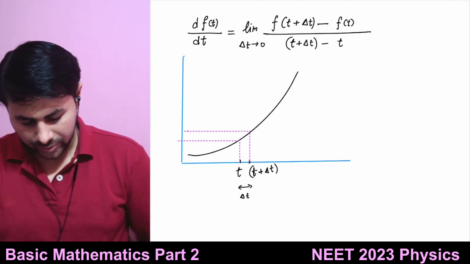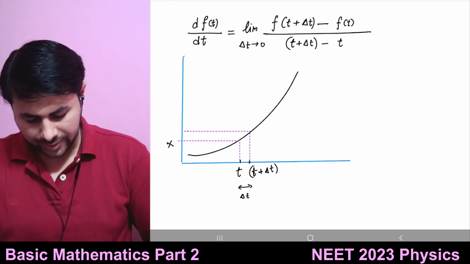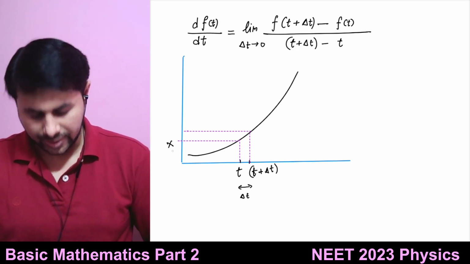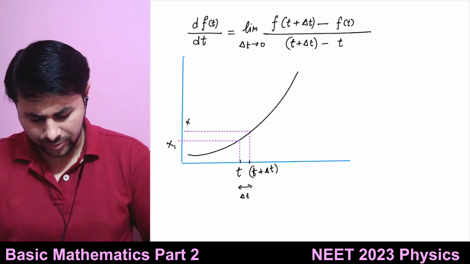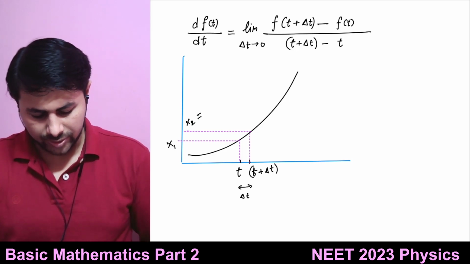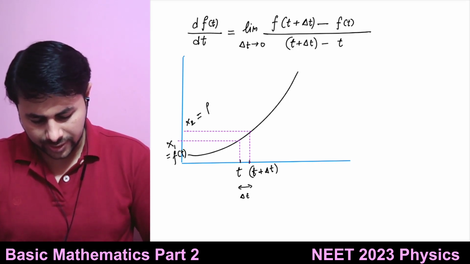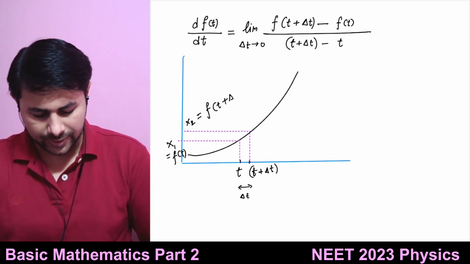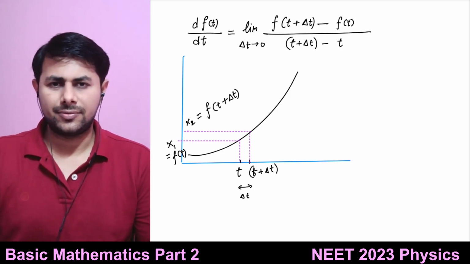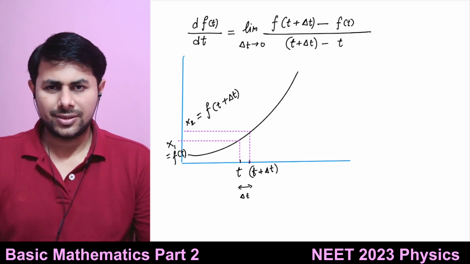So this is x1, this is x2. This is equal to f of t, and this is equal to f of t plus delta t. Is that clear?